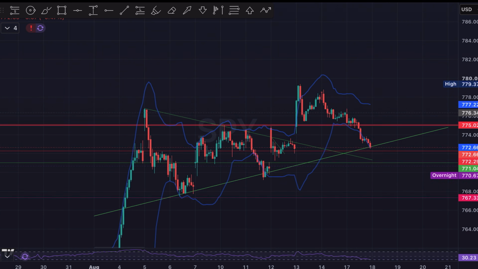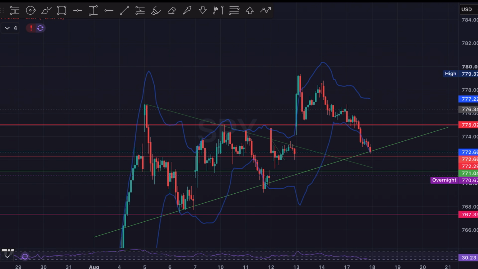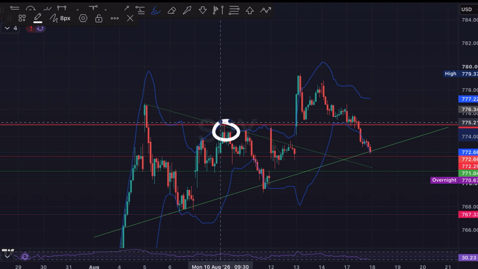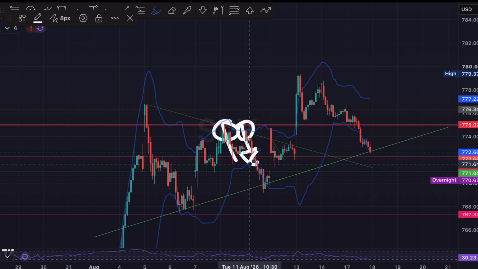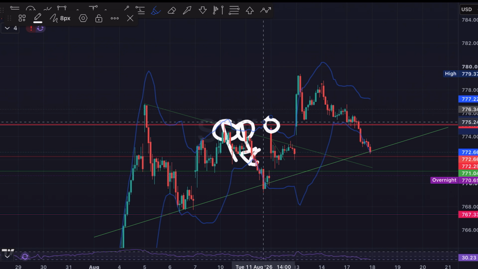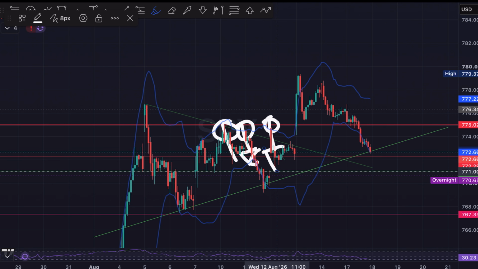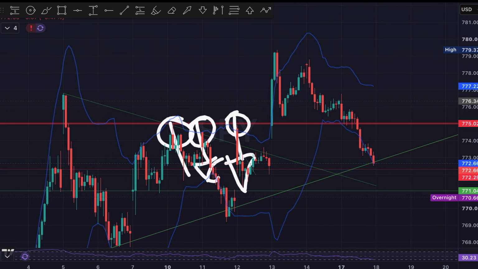Right, so 775 was previous resistance, right? So we see 775 right there is resistance. We push down, right? 775 resistance. We push down. 775 resistance, pushing us down, right? On this candle, we can see something changed right here, right?